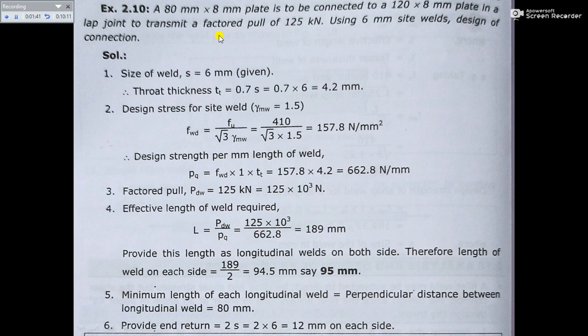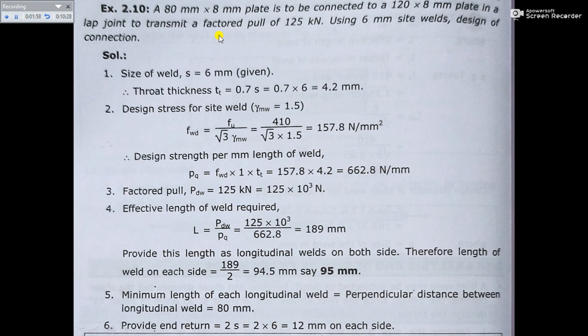Then the second step, design stress for the weld. Here in the problem we have shop welds, and for shop welds the partial factor of safety gamma mw is taken as 1.5.